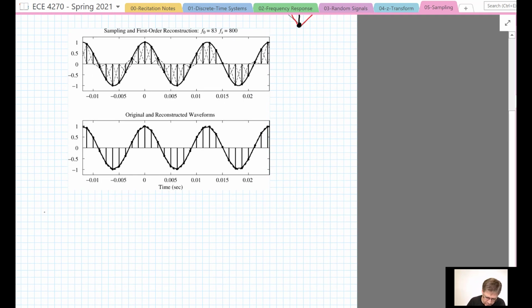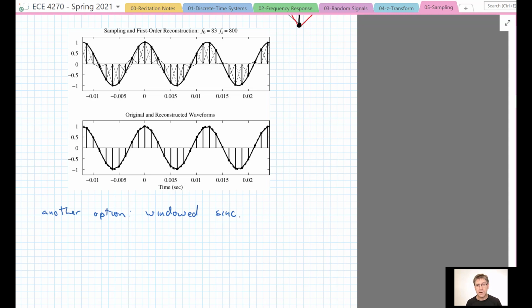So another option is a windowed sinc function. So a windowed sinc function approximates the ideal because, as you might know, the sinc function dies out at 1 over x.